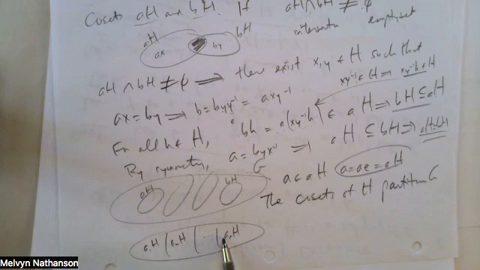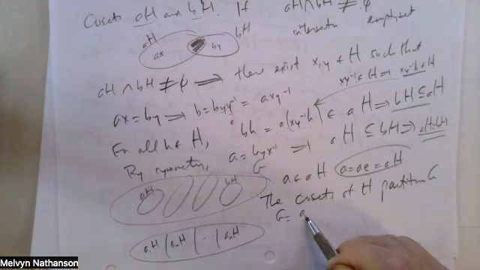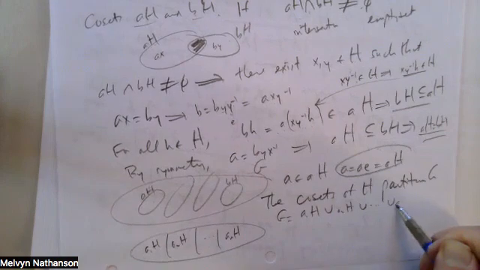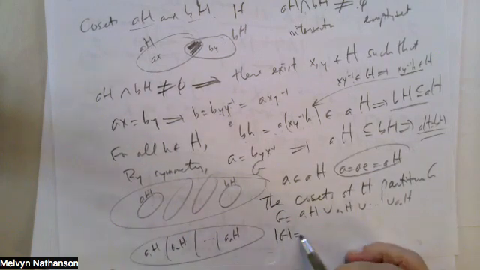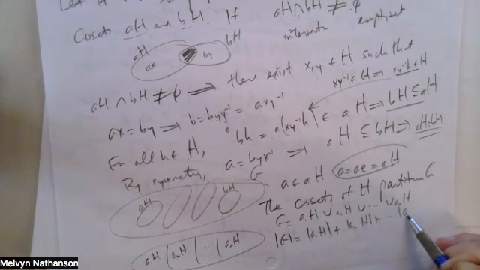Every element in the group is in one and only one of these cosets. So G is the union A1H, union A2H, union ARH. And the order of G is the number of elements in each of these sets. It's A1H plus A2H plus ARH.